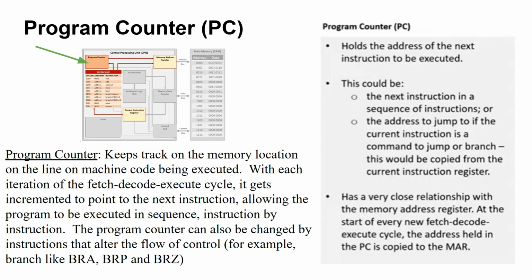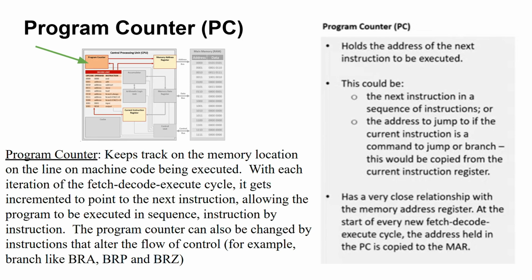The program counter. The program counter keeps track of memory locations on the line of machine code being executed with each iteration of the fetch decode execute cycle. It gets incremented to point to the next instruction, allowing it to be executed in sequence, instruction by instruction.